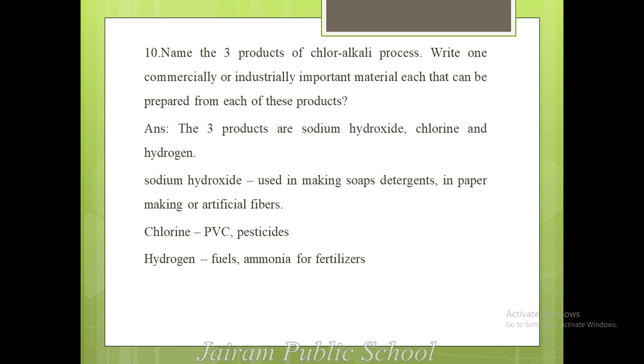That process is otherwise called the chlor-alkali method. That is, when sodium chloride reacts with water, it gives sodium hydroxide, chlorine and hydrogen. That equation you have to write here, and you have to explain any three uses of sodium hydroxide, chlorine as well as hydrogen. So these are all the short questions and answers.